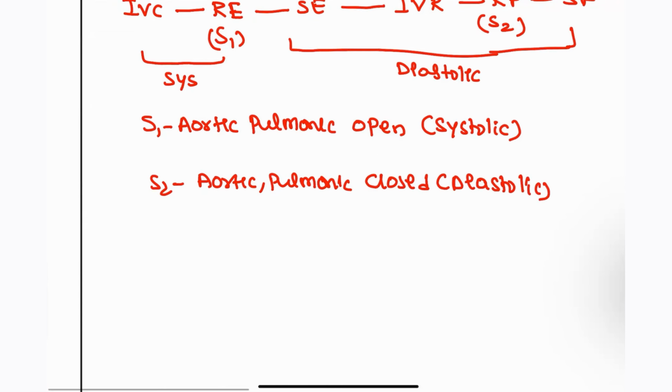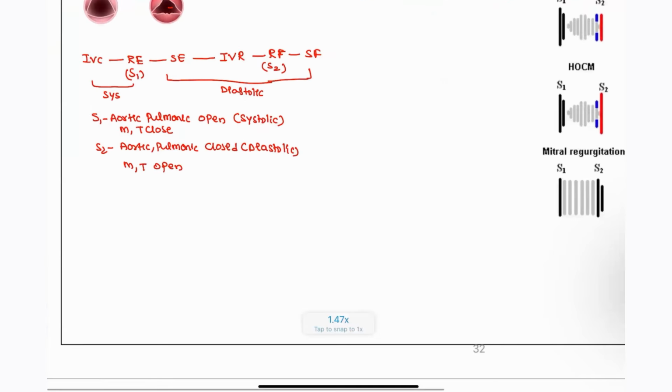Opposite to that, the mitral and tricuspid valves open. So isovolumetric contraction, then isovolumetric relaxation, then again isovolumetric contraction. So this is the phase of systolic, and this is the phase of diastolic.